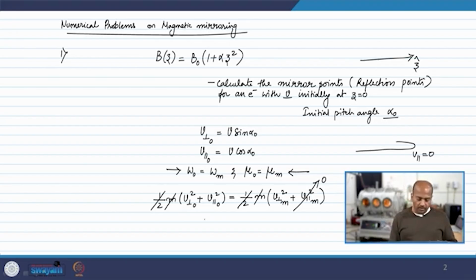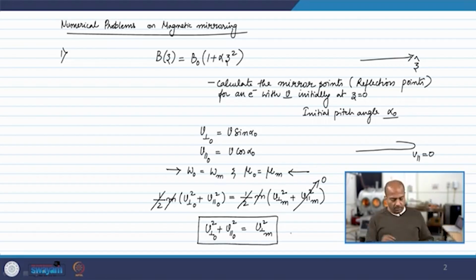So we can rewrite this expression as V perpendicular 0 square plus V parallel 0 square is equal to V perpendicular m square. Right. This is not something new; we know it very well.